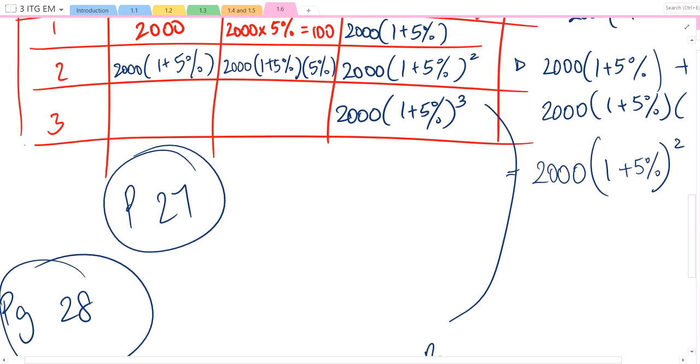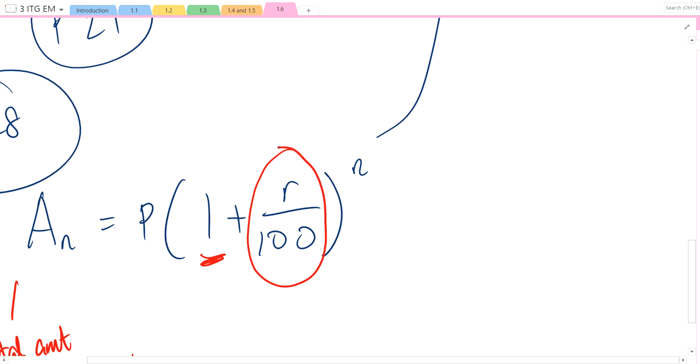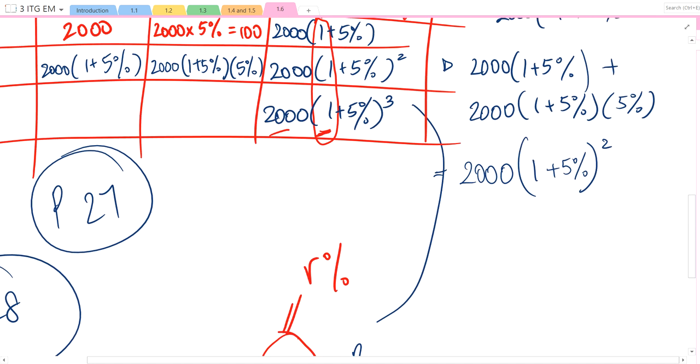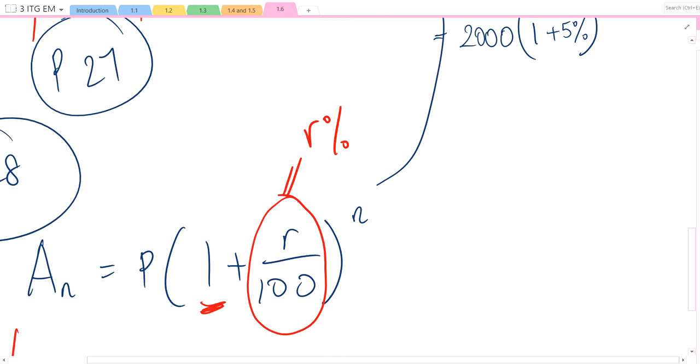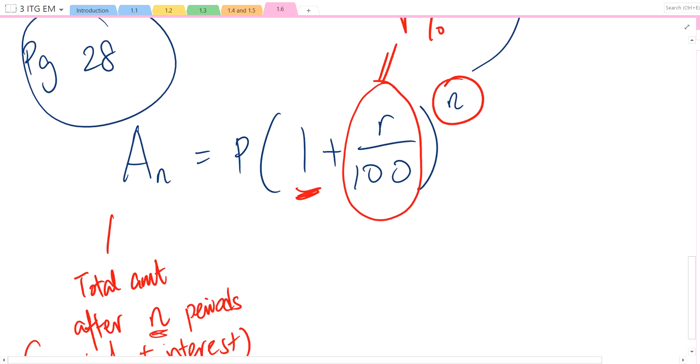So you got principal multiplied by 1 plus the interest rate R over 100. This is the same as R percent. Compare it to our previous table, we've got 5%. And we've got the power n over here. That refers to the number of periods. So n equals number of periods.